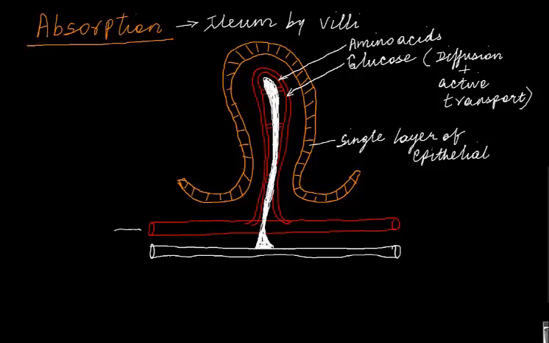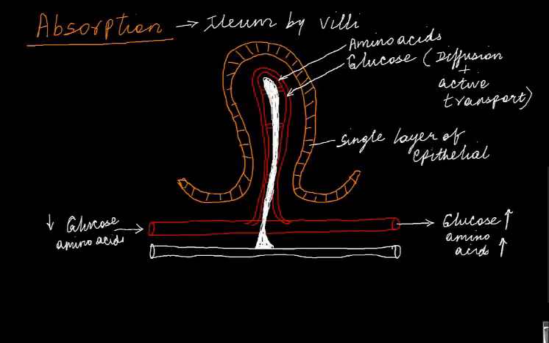So the blood which is entering into the ileum will actually have less amino acids and glucose than the blood which is leaving the ileum. So here there will be glucose and amino acids in higher concentration than when the blood was entering into the ileum or into the villus.